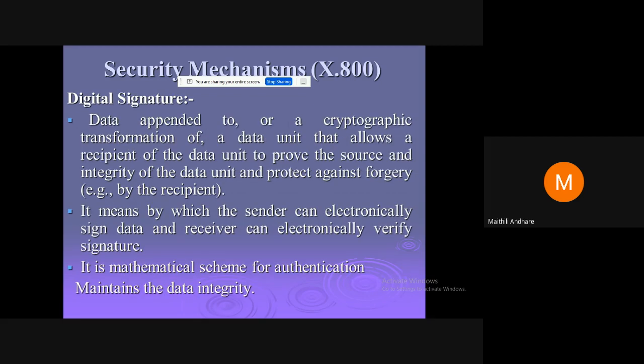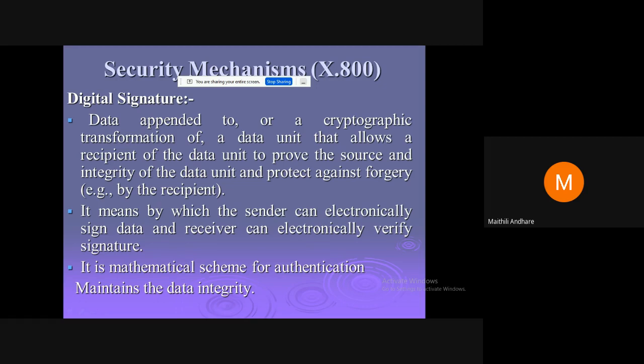Then we have seen digital signature. Digital signature is not just a soft copy. So for what purpose the signature is required, all of you know, so as to make any document authentic, we have to take the respective person's signature. The same concept is applicable here, that is the digital signature, because the data is transferred over the network.